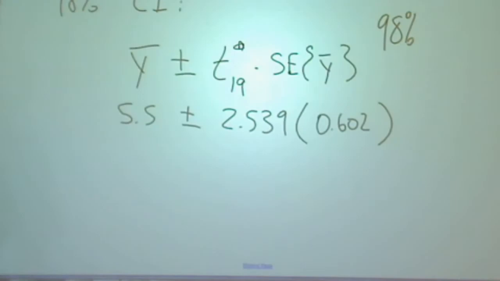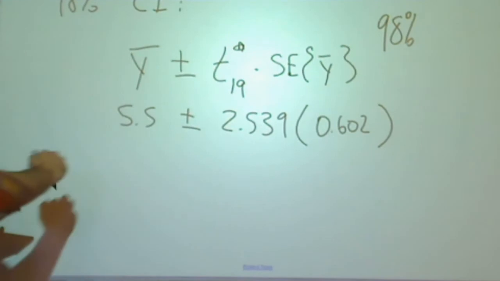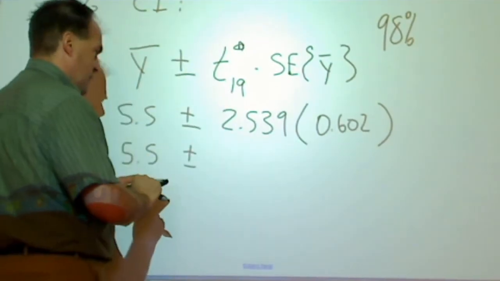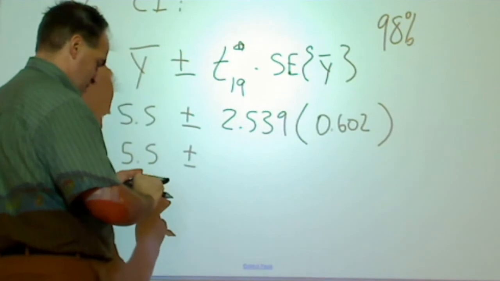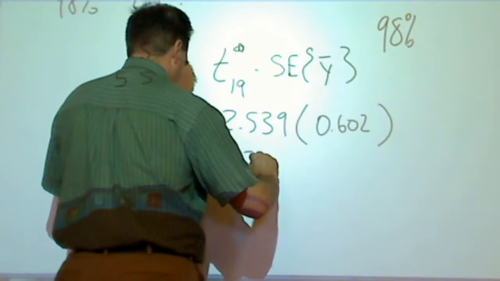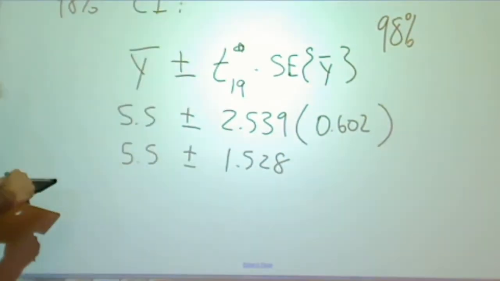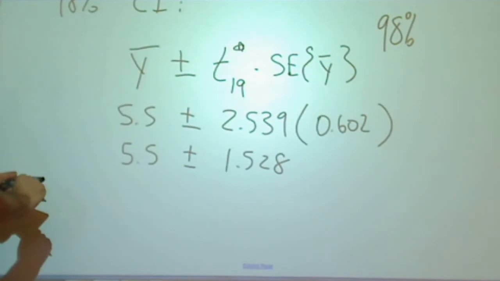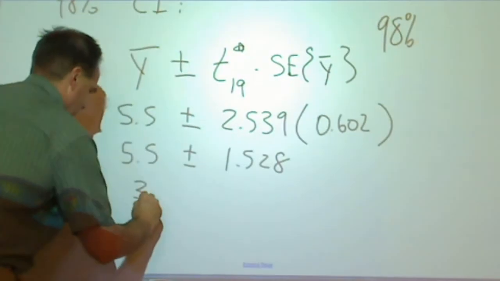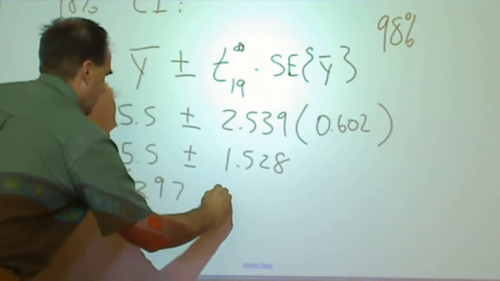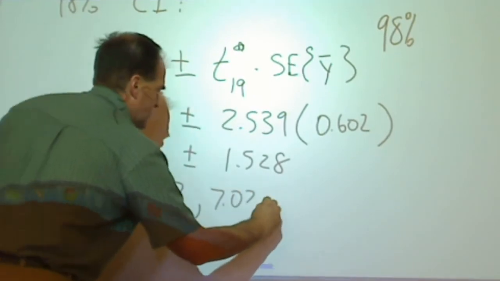So 5.5 plus or minus 2.539 times 0.602. I got 1.528. So low bound 3.97 all the way up to 7.028.